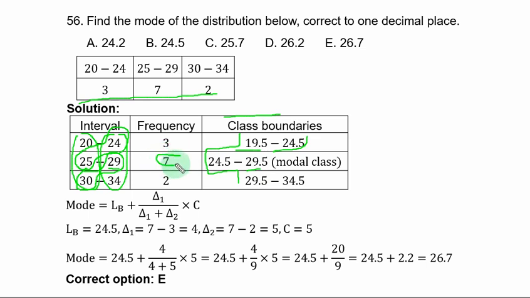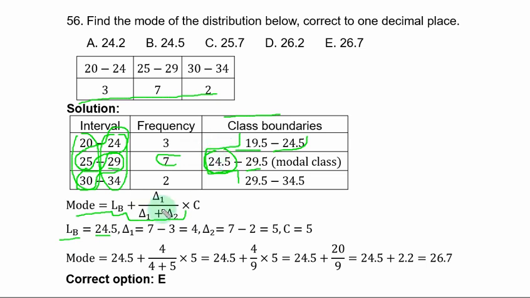For grouped data, mode is computed using LB plus delta 1 over delta 1 plus delta 2 times C, the class size. Now, LB is the lower class boundary of the modal class, that is 24.5.